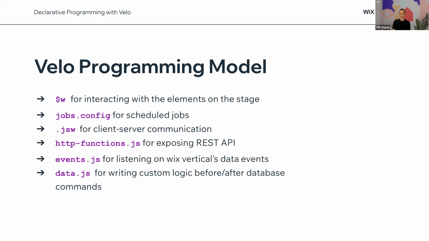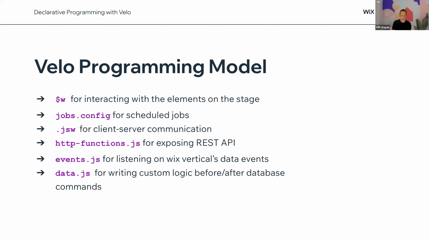We also have some special files, for example, the jobs.config to configure scheduled jobs that will run autonomously in the backend whenever you scheduled it. We have the .jsw files for client-server communication to make it easy, with an abstraction over the network layer and all of that.